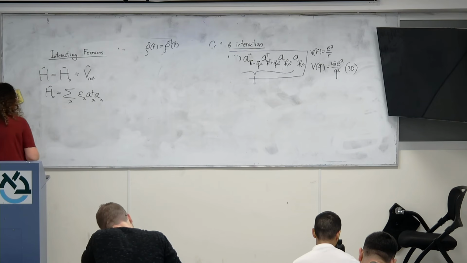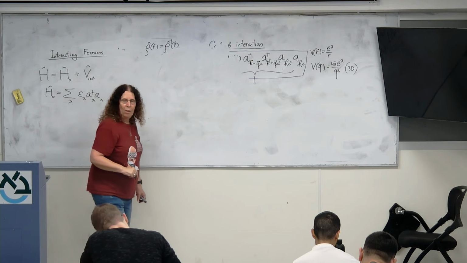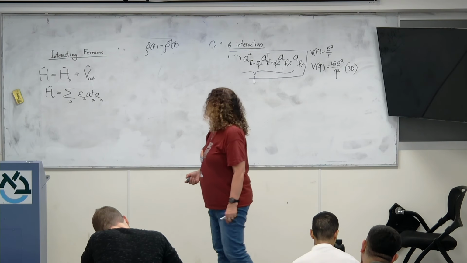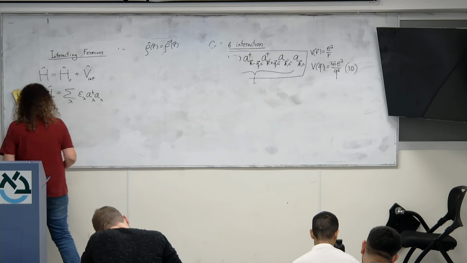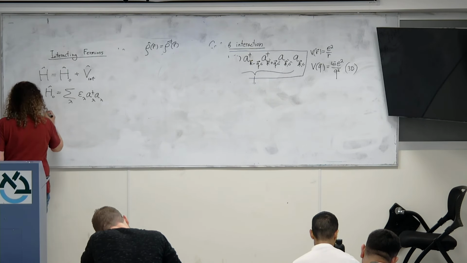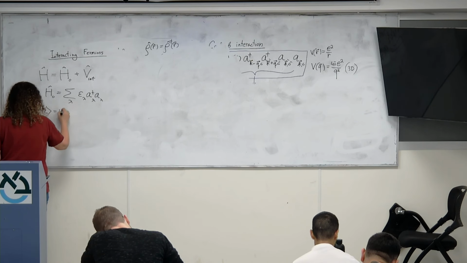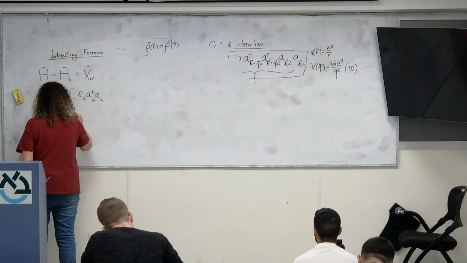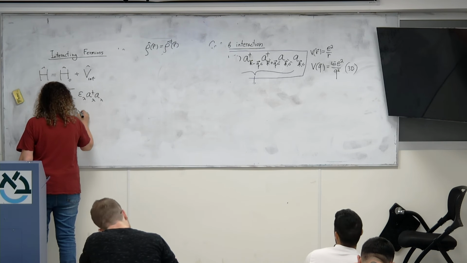for this, we know all the eigenstates, right? What are the eigenstates? The general eigenstates are Fock states of the form product over some lambdas of A lambda dagger acting on the 0.